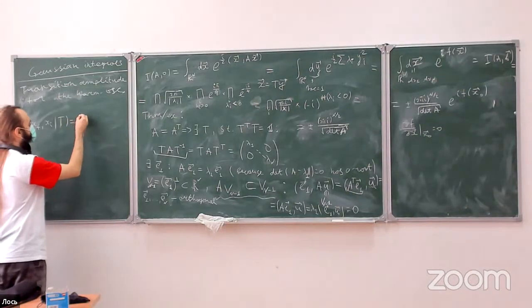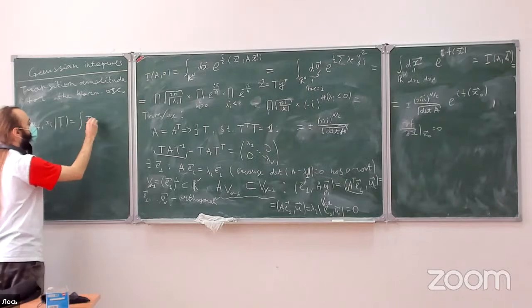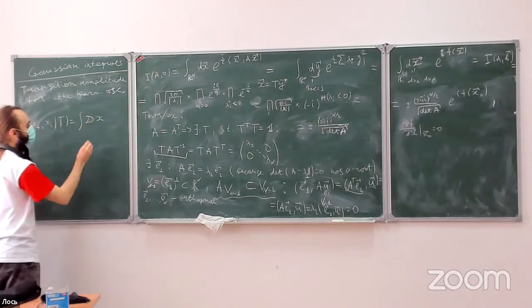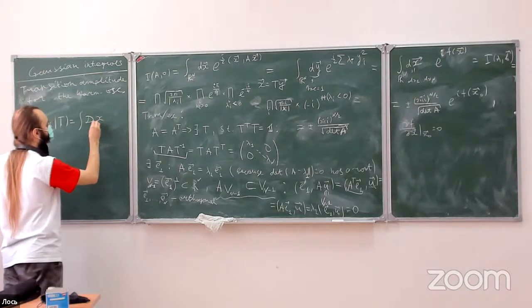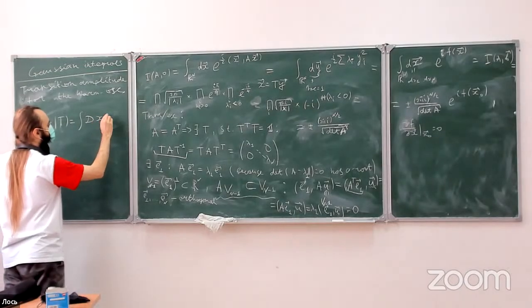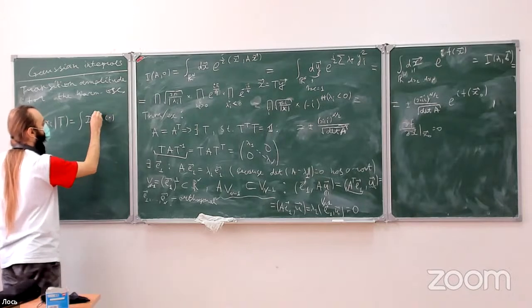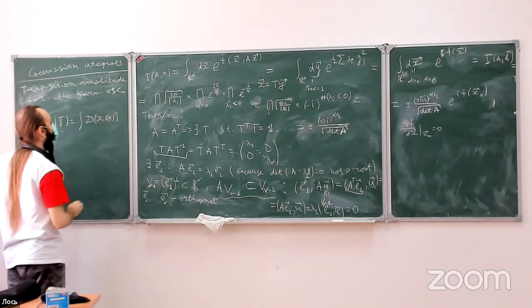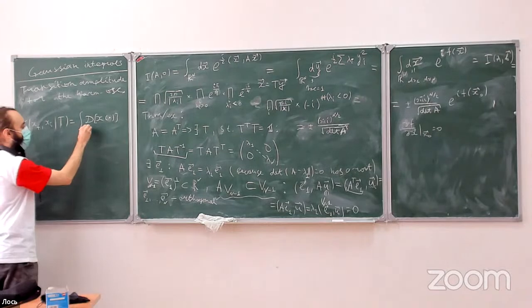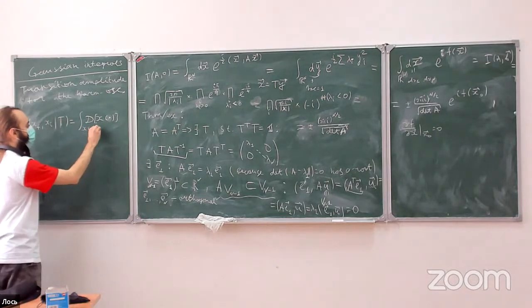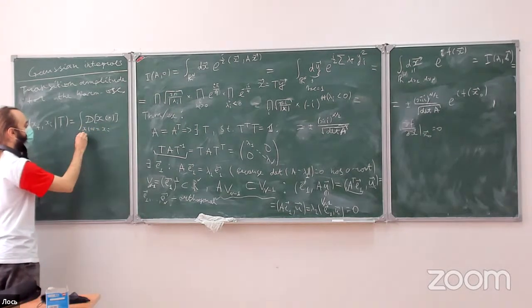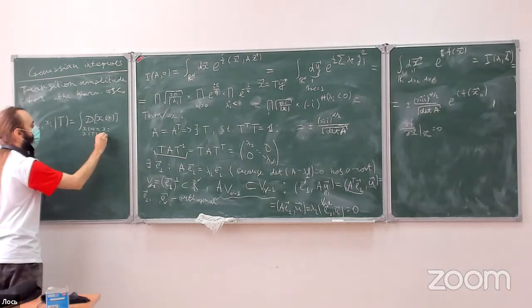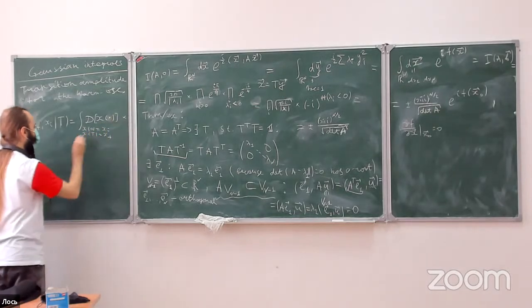And this is a path integral over all trajectories. Let us denote it like some function such that x of 0 is x initial, x of t is x final. What is the integrand?